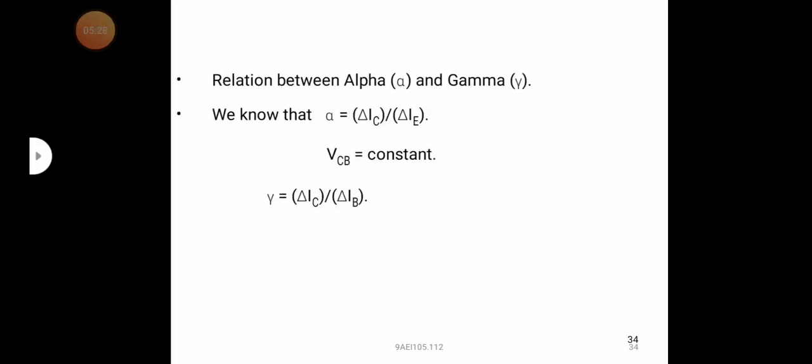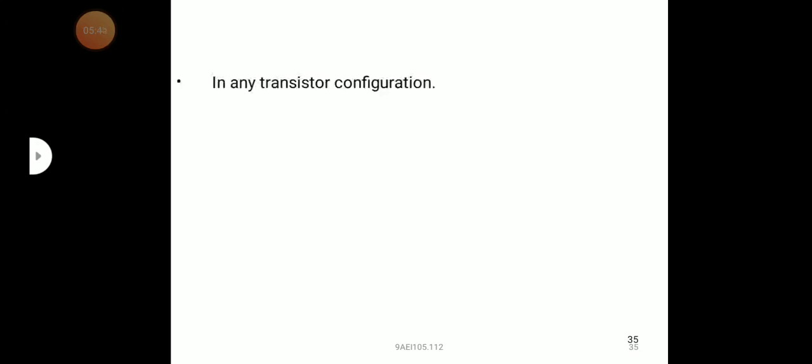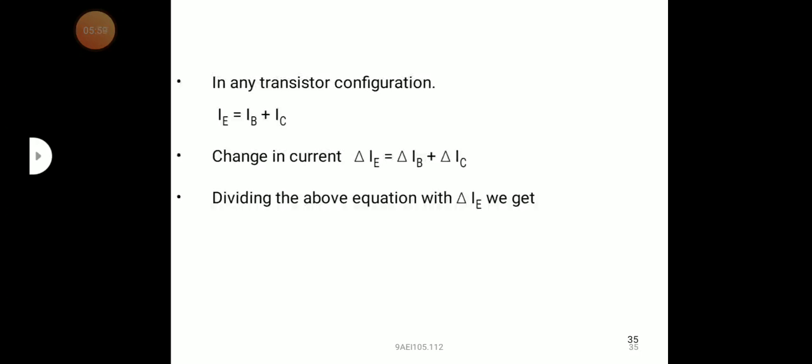Gamma is delta IC by delta IB when VCE is constant. Again, you already know the transistor configuration: emitter current equals the sum of the base current and the collector current. So the change, delta IE, equals delta IB plus delta IC.